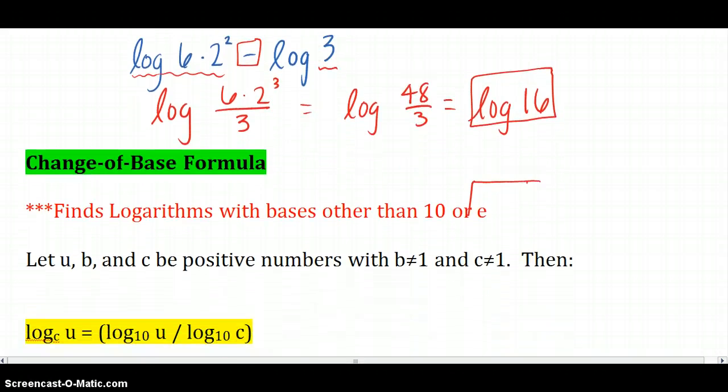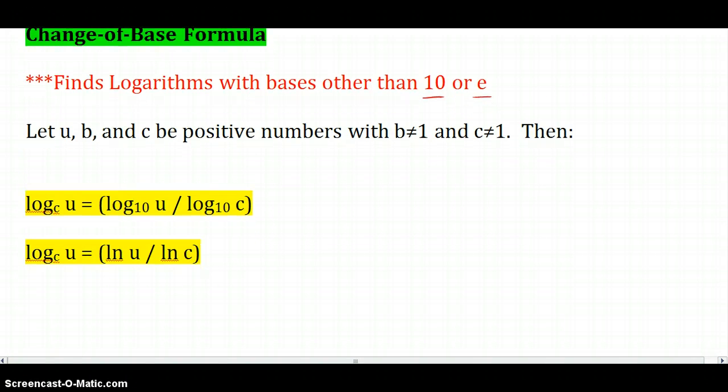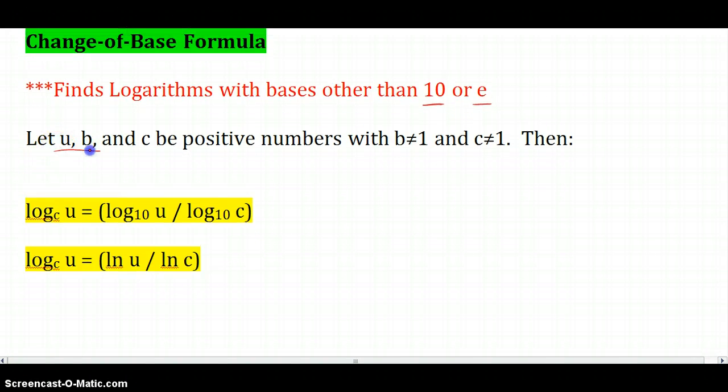The last thing we're going to talk about is what's called the change of base formula. This is going to help us find logarithms with bases other than 10 or e. So in the formulas that I'm going to give you, u, b, and c are positive numbers and b or c are not 1.